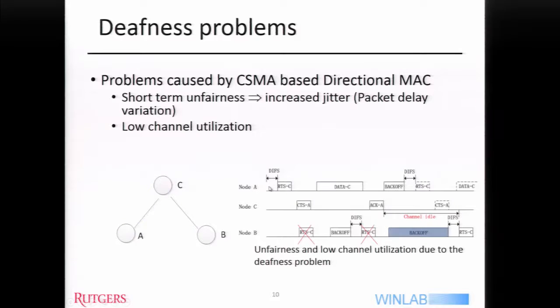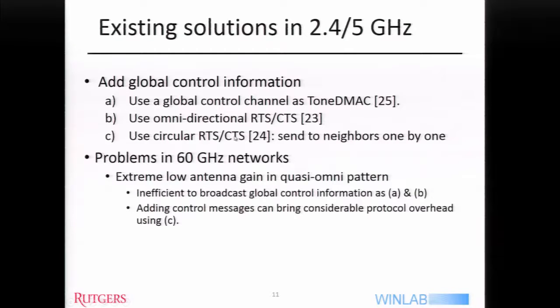In some work, they use another omnidirectional antenna to do omnidirectional RTS/CTS to solve the deafness problem. But all these solutions have problems at 60 GHz because the antenna gain of the quasi-omni pattern is really low, so a node cannot broadcast global control information.